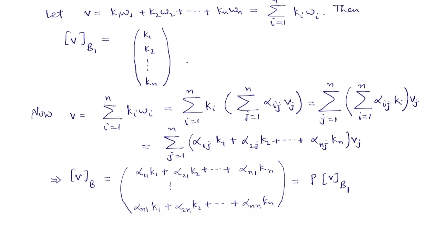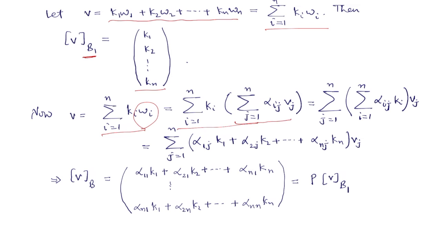Let V be equal to k1 w1 + k2 w2 + ... + kn wn. This is the summation of ki wi. So the matrix of V with respect to the new basis is k1, k2, ..., kn. Now V is the summation of ki wi. So put the value of wi here, that is the summation of alpha ij vj.